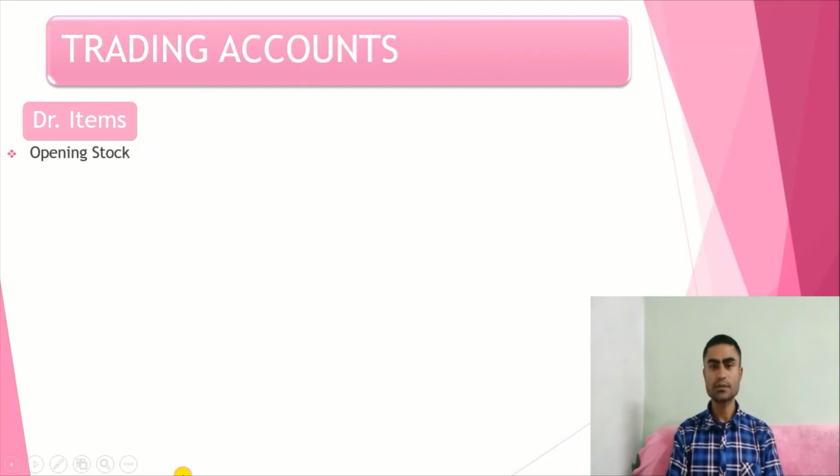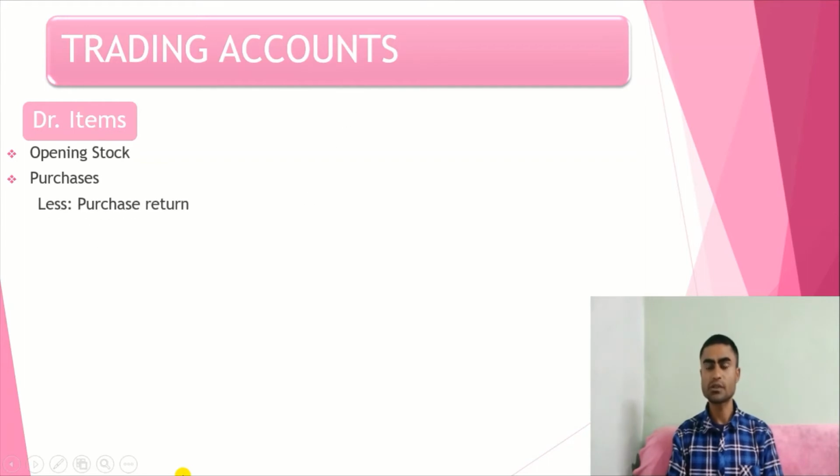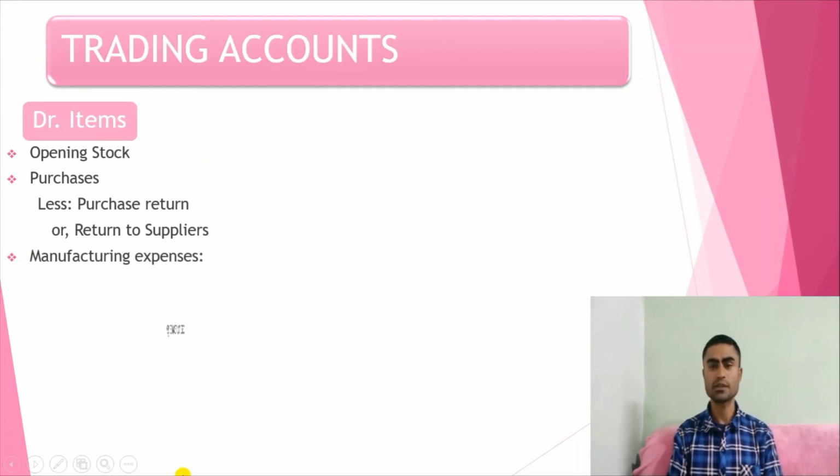And next, purchase. If there is a purchase return, it should be deducted from the purchase amount. Purchase return is also called return to suppliers. Similarly, manufacturing expenses like wages, factory expenses, royalties, etc. are recorded in the debit side of the trading account.